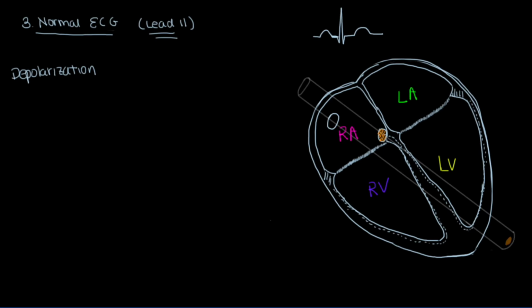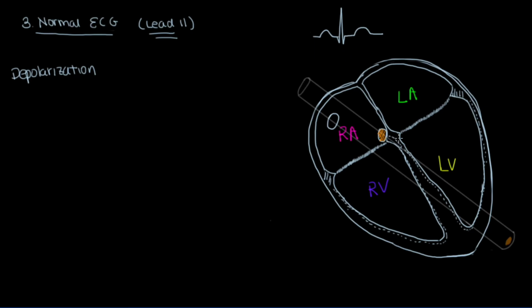The depolarized portion is waiting at the AV node where there's a little bit of a pause. So that pause there is what you see down here, or up here, where the ECG is reading a flat line.